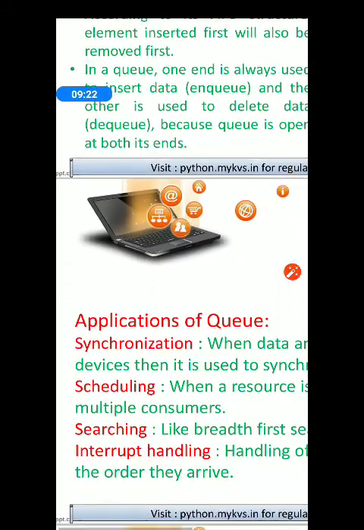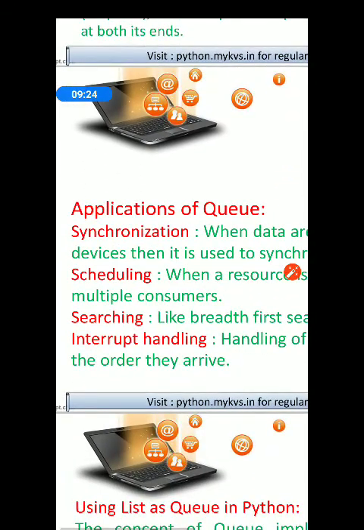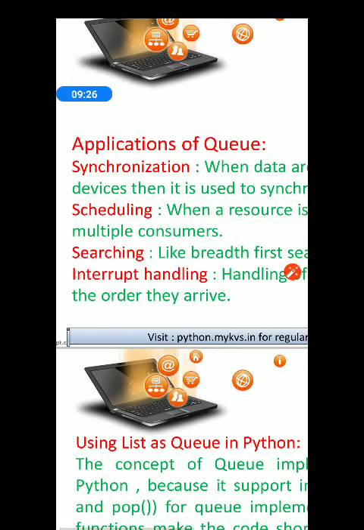Now we'll see some applications of queue. Please note down. Synchronization. The term synchronization must be known to you. Suppose you are creating a document and keep it inside the Google Drive.